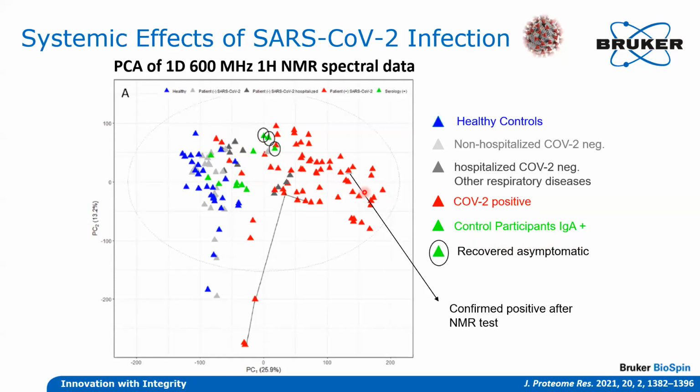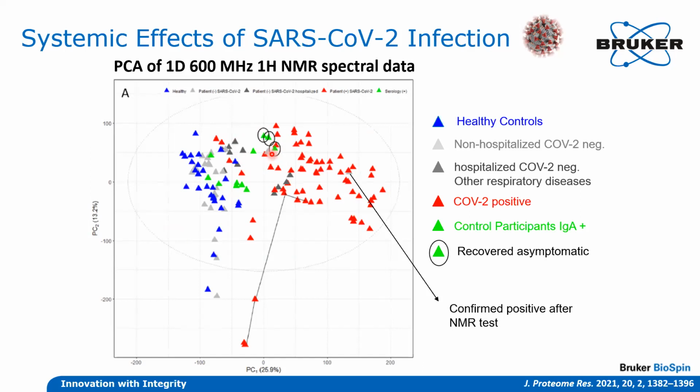This suggests that either these individuals have previously been unknowingly infected but were asymptomatic or mildly affected, or that they may have some cross-reactivity with other coronaviruses. These individuals sit in between the SARS-CoV-2 positive, which is in red, and the healthy control, which is in blue.